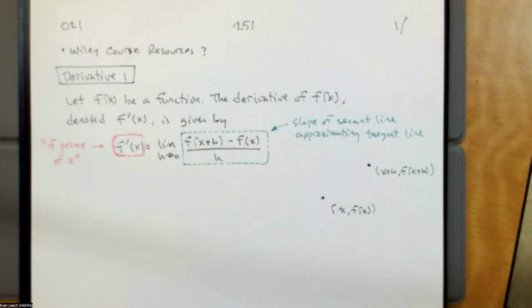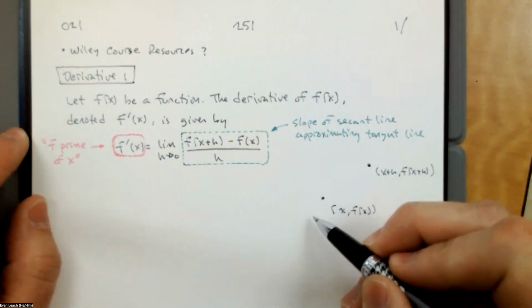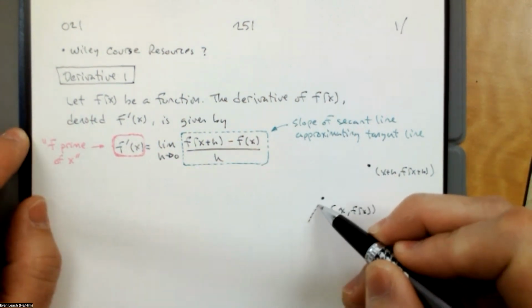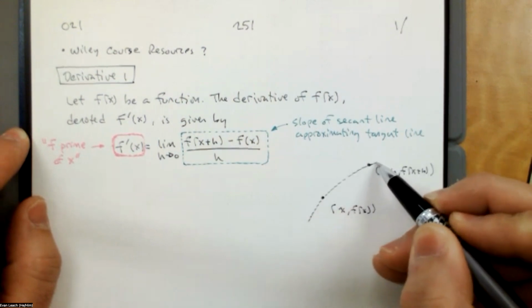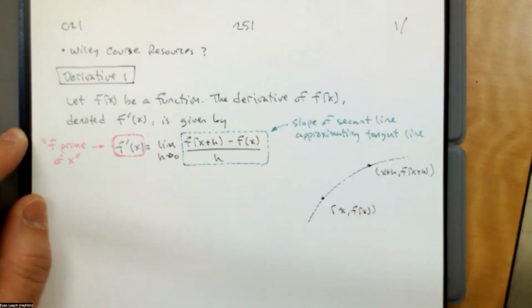So we're choosing a point on the curve to form a secant line.